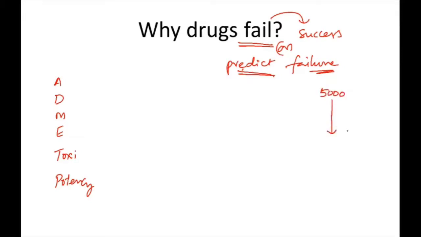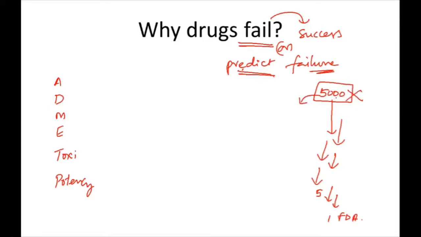If we have the capability to predict, then 5,000 molecules upon screening, stage wise, give 5 hit molecules, from which 1 molecule is FDA approved. So if we have the capability to predict at least some of the molecules by using one or the other knowledge-based screening system, then we need not synthesize or look for 5,000 molecules.